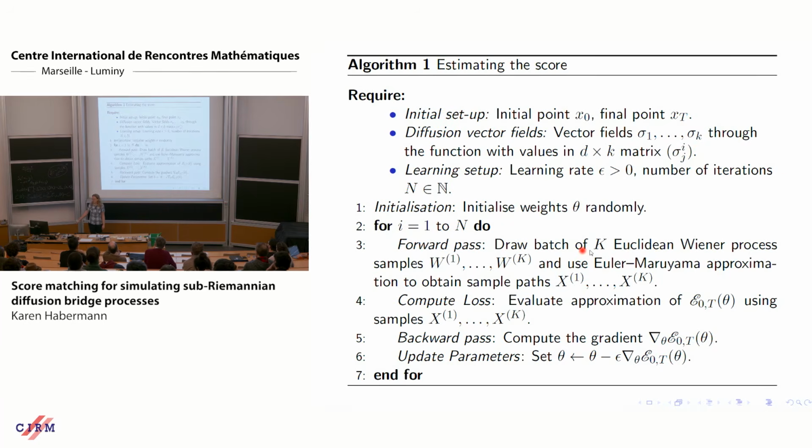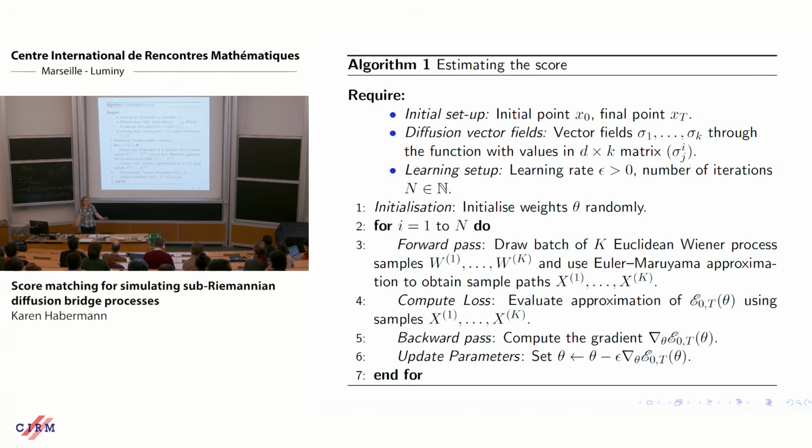And then, as I said, you can sample a lot of these sample paths for your original unconditioned process. You compute the loss function using the sum or the double sum, which was on the previous slide. And then you do a gradient descent to make your parameters more efficient. So that's the rough pseudocode.